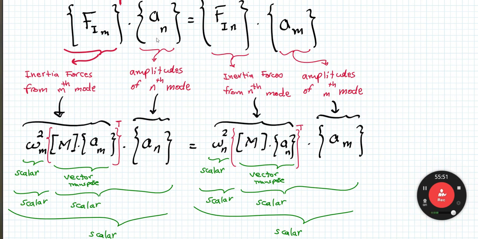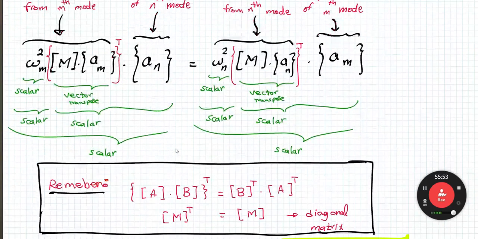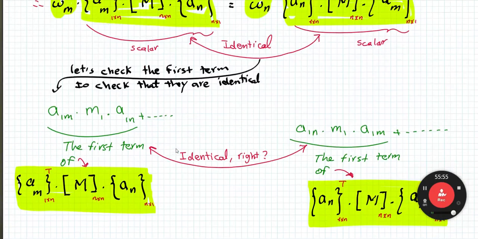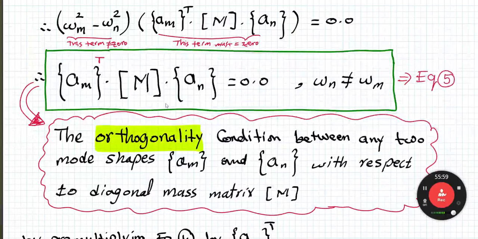Finally, after some mathematical manipulation, we realized that we have a condition called the orthogonality condition, with two different modes, with one condition that omega n does not equal omega m.